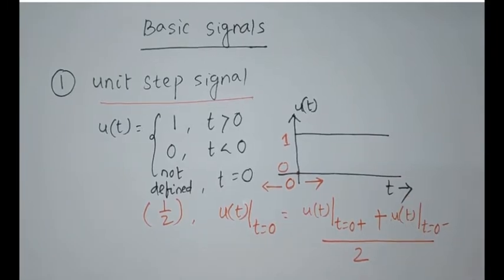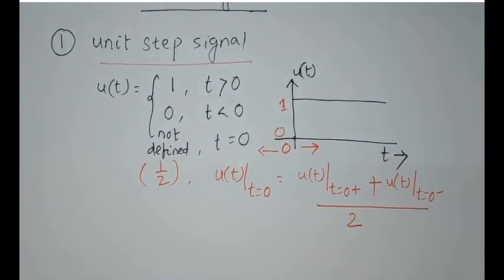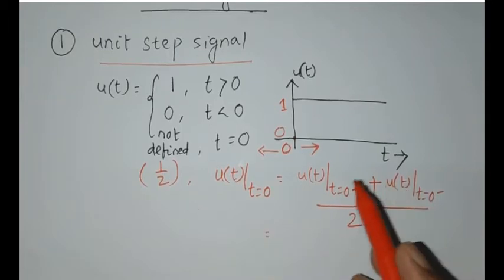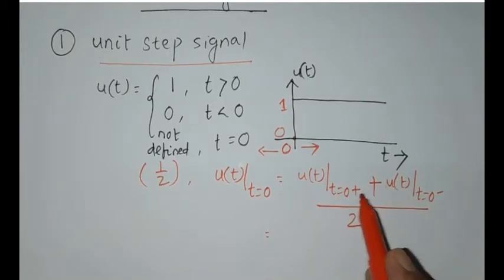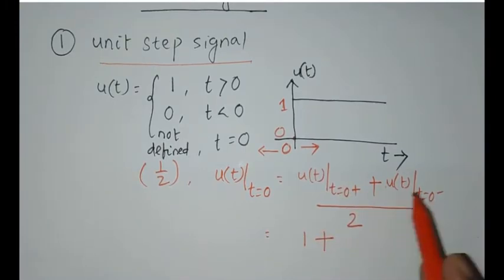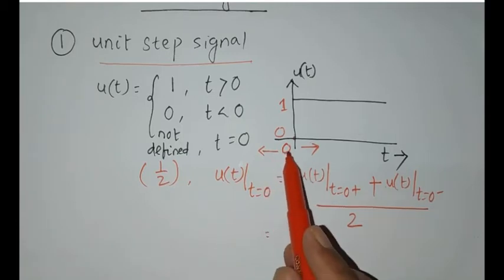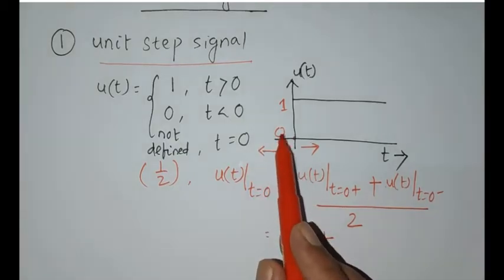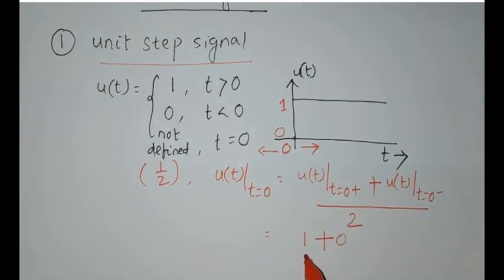Now if you use this formula, what do you get? u of t at 0 plus, the right hand side of 0, is 1, plus u of t at 0 minus, the left hand side of 0, is 0, divided by 2.